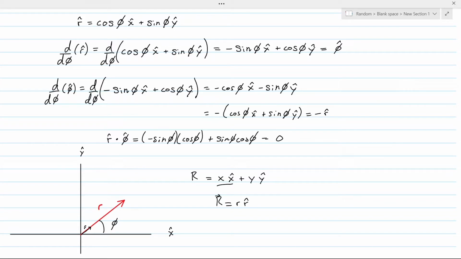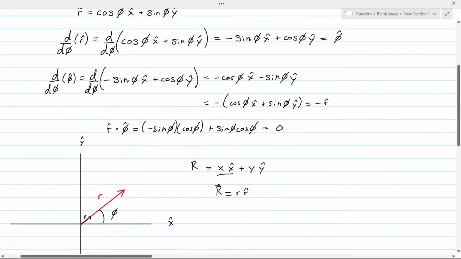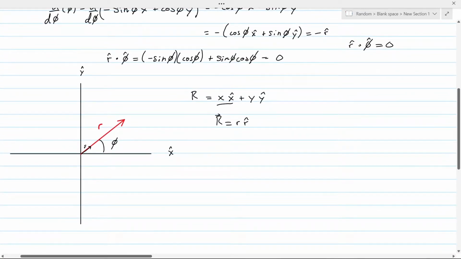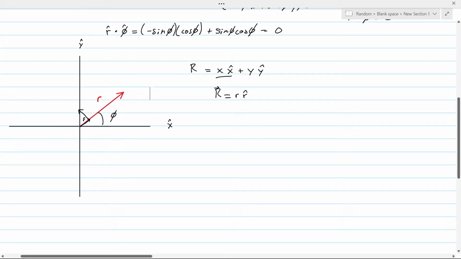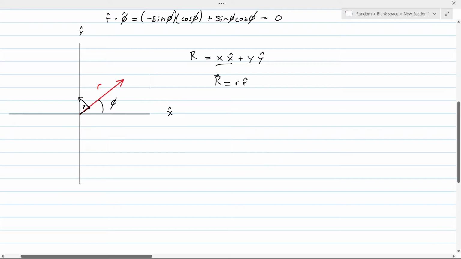In other words, r hat dotted with phi hat is 0, or they are orthogonal to each other. R hat points this way, and phi hat is going to point this way. It's right here in that direction. Okay, with those in mind, we can now get started.